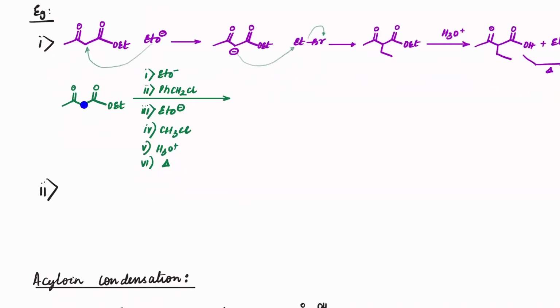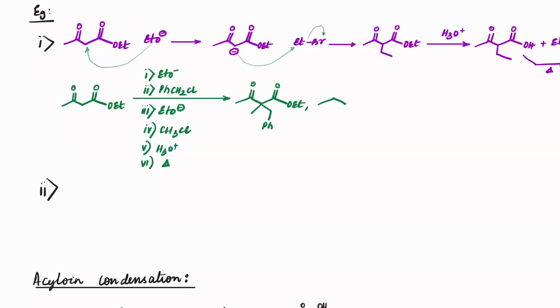So you can see first when you react EtO minus, the minus charge will come and it will attach here. Again I'm using EtO minus, one more time minus charge will come, again this will attach here. So I will write that intermediate here. So double bond O, one will be methyl, one will be benzyl, like this, with OEt.